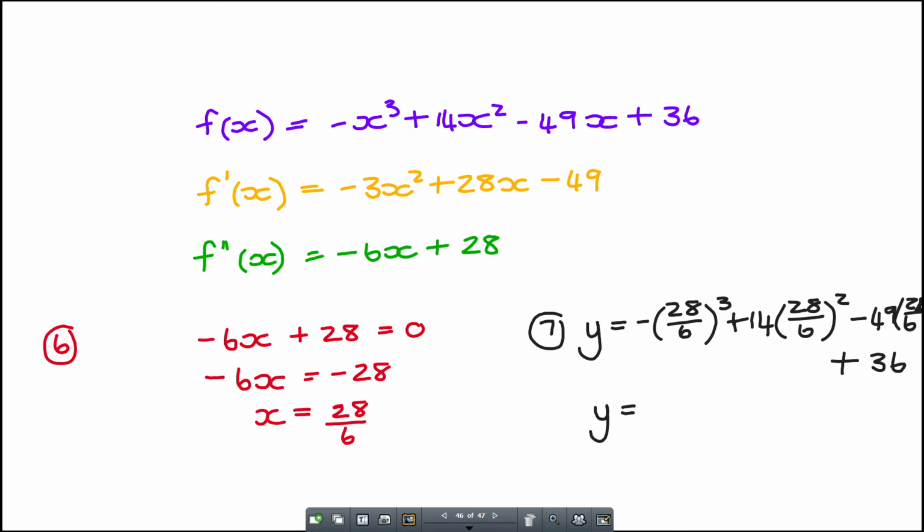How much you guys get? Kom. 10.59259, 259. Okay, ek gaan hom hou in fraction form.